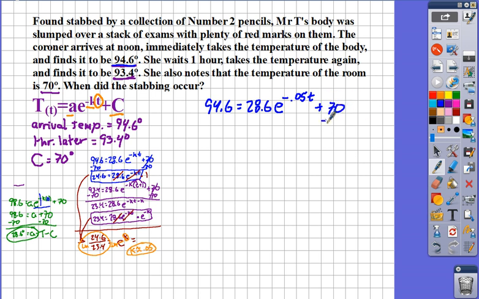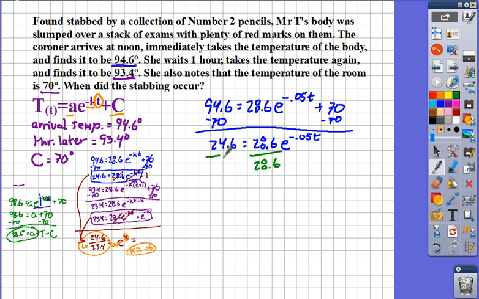Of course, we're going to move the room temperature over first. We keep doing that. Subtract that. We get 24.6 equals 28.6 times e to the negative 0.05 t power. Next, let's divide out that 28.6.